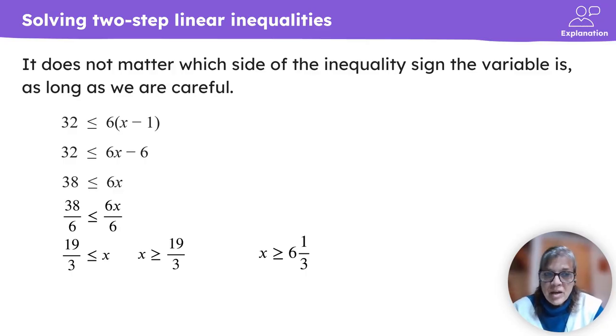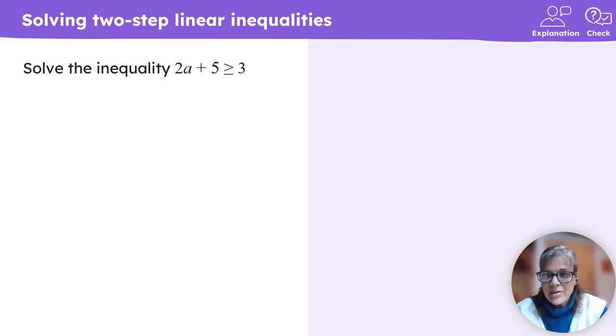So you just have to be careful if you're swinging the equation around that you don't leave it as an incorrect statement. Okay, now you try to see if you can solve this multi-step inequality. All right, you try it and then pause the video and then you can get started again.